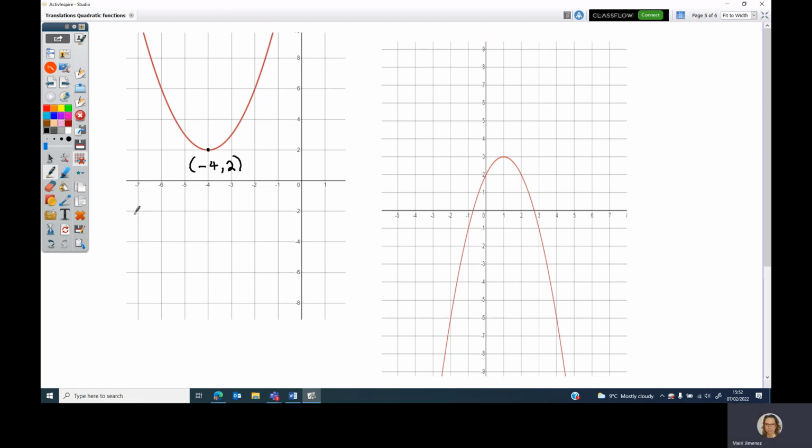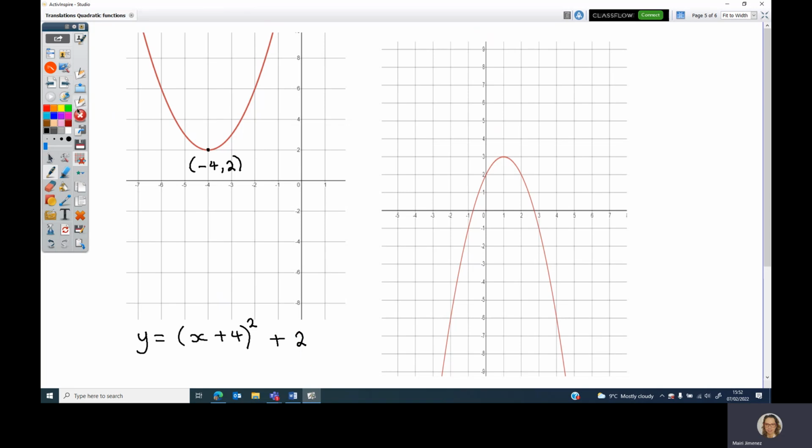So to write the equation, the negative 4 is the shift left. So we have to put x add 4 in the bracket, square. And because it's a min TP, it doesn't have a negative in front. You just leave that. And then because we're going up 2, we have to add 2 at the end.